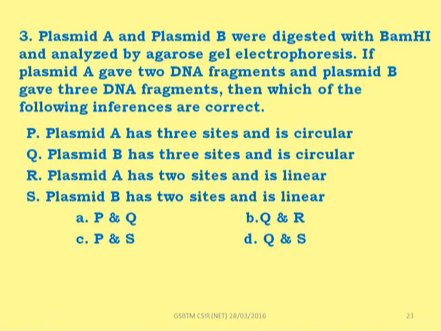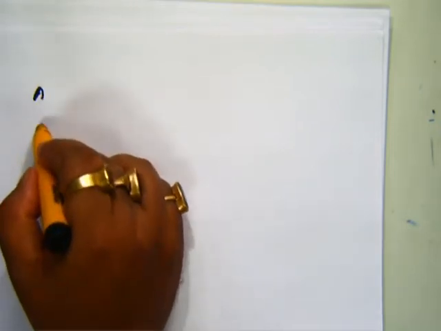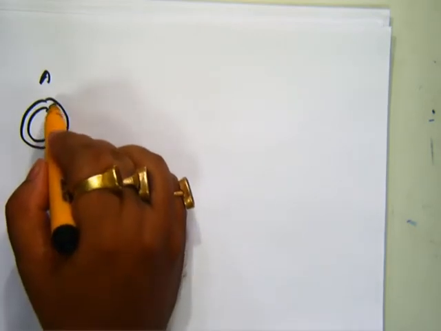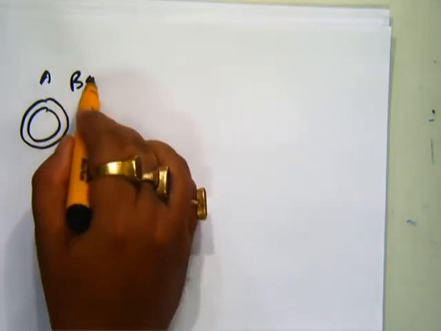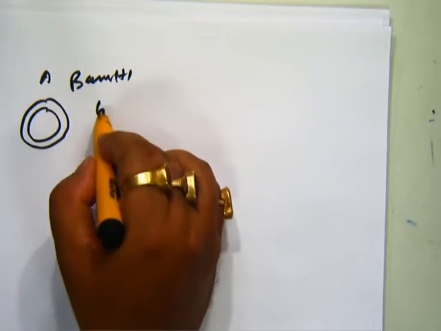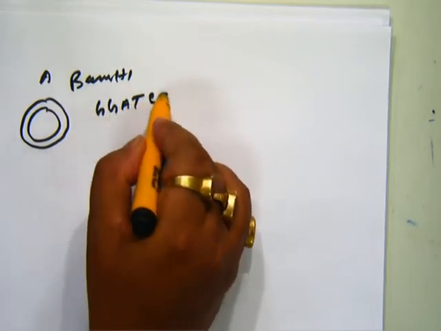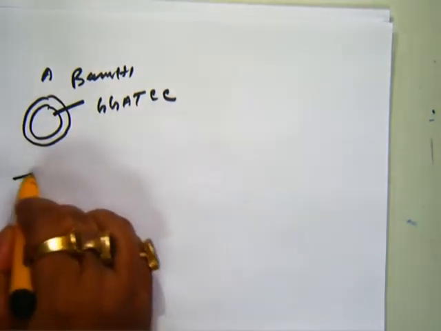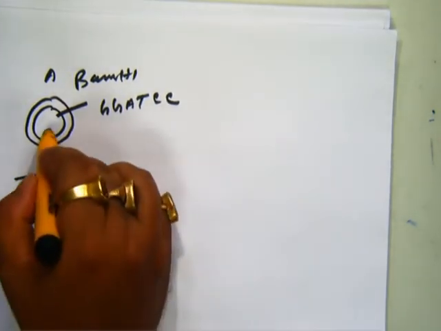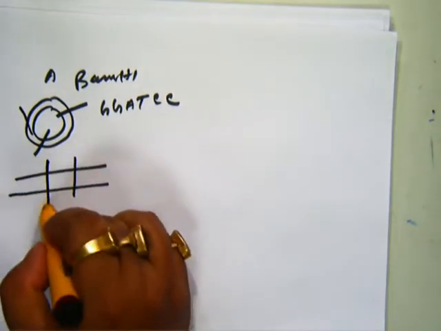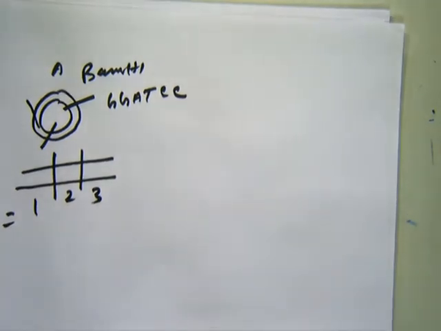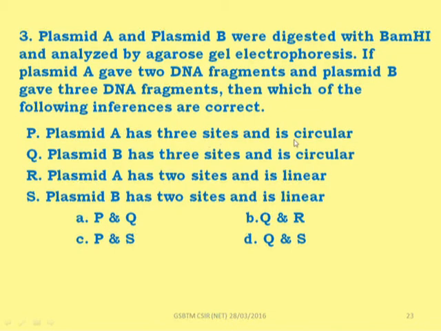Now see here, if plasmid A is circular and it has 3 sites, suppose BamHI has its target site GGATCC. When you cut it with BamHI, one site is used for linearization of the plasmid, and then if it has 2 other sites, the number of fragments should be 1, 2, 3. So what the option says, plasmid A has 3 sites and is circular, is not correct.